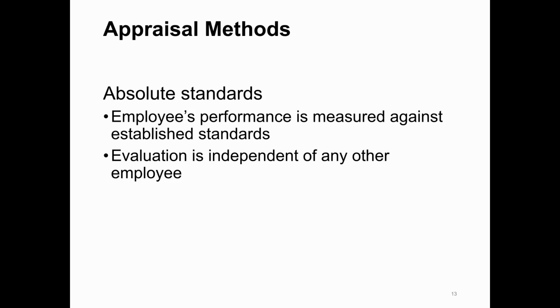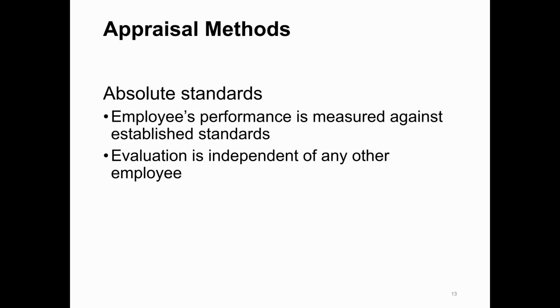It is any standard that has been established, and then employees' performance is judged against it. For example, if the employees have been asked to work on 40 pieces of shirts in one day, this is a standard that the employee needs to complete 40 pieces of shirt every day.